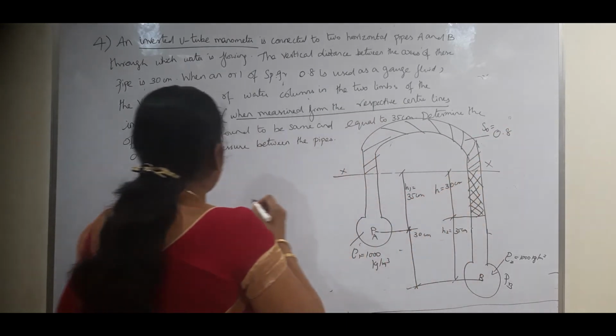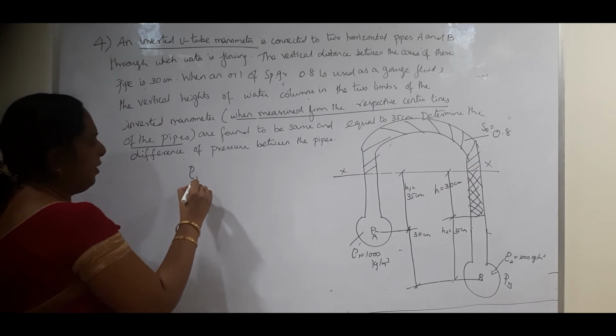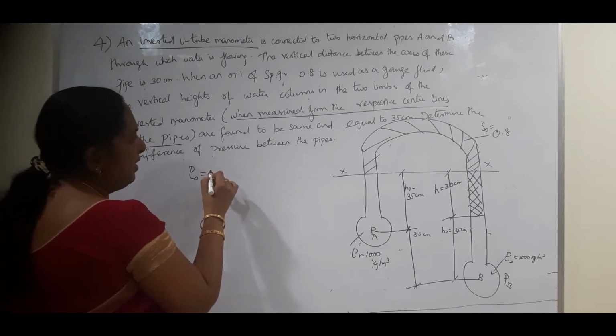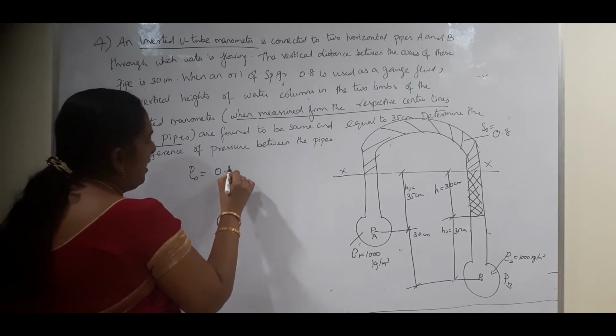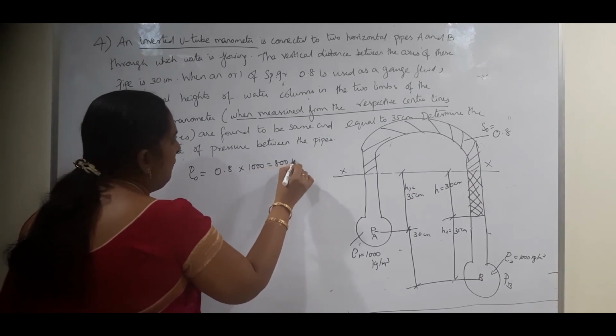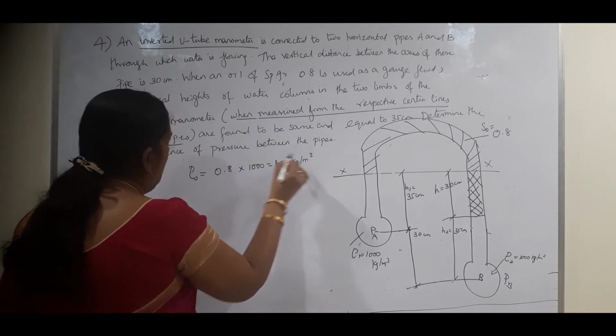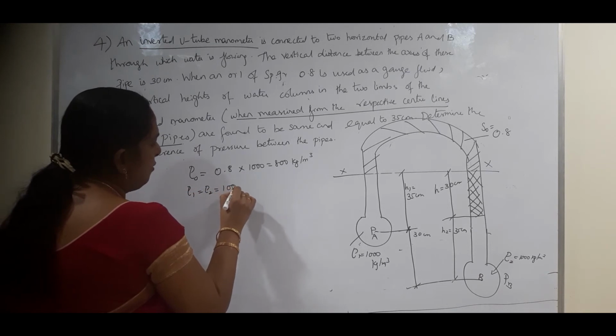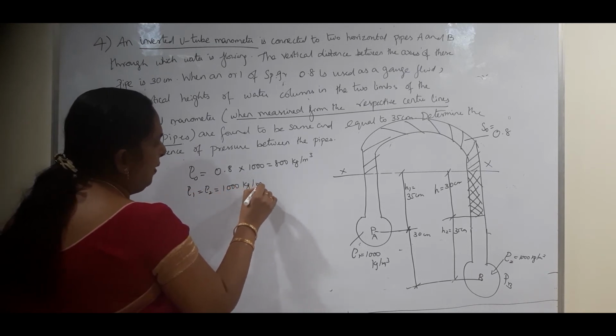So what is the density of the oil? Density of the oil is equal to specific gravity into the standard density of the standard fluid. So 0.8 into 1000, so it is 800 kg per meter cube. So rho 1 will be equal to rho 2 will be equal to 1000 kg per meter cube.